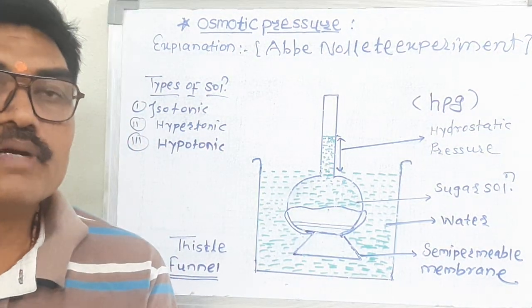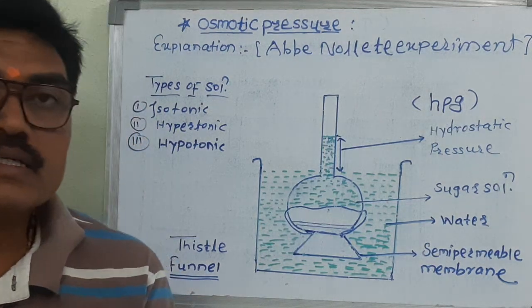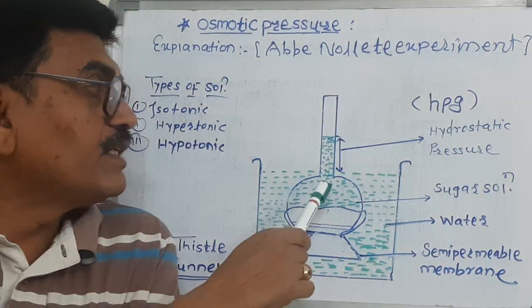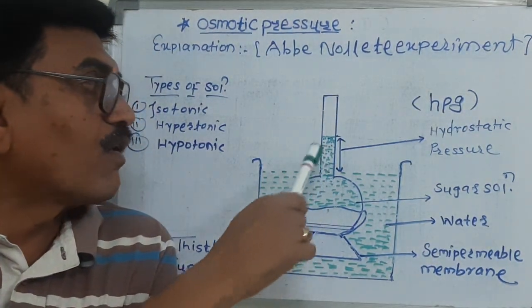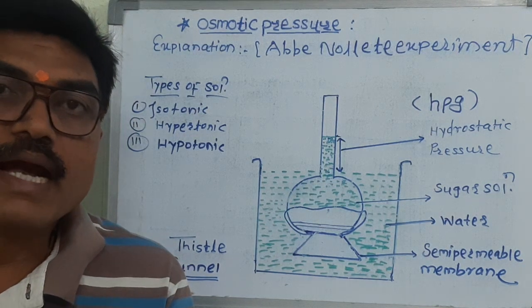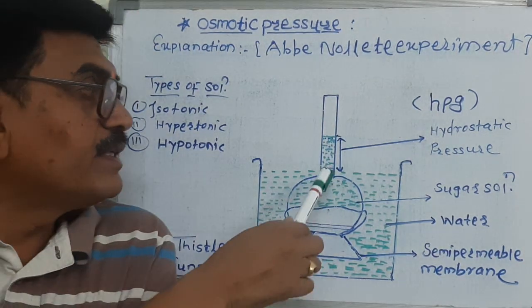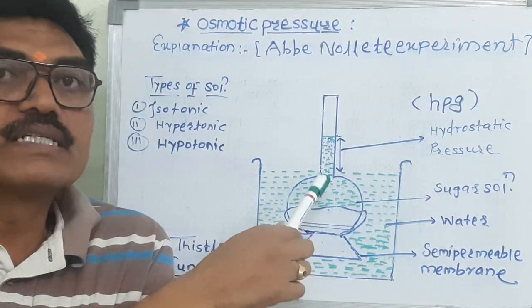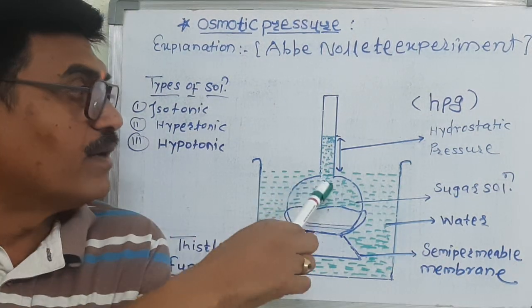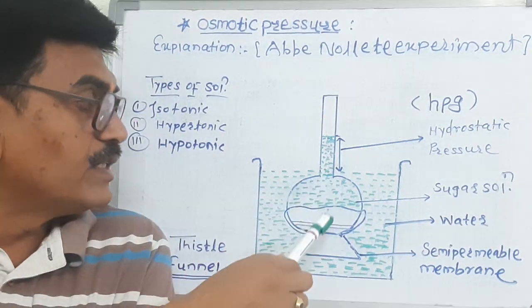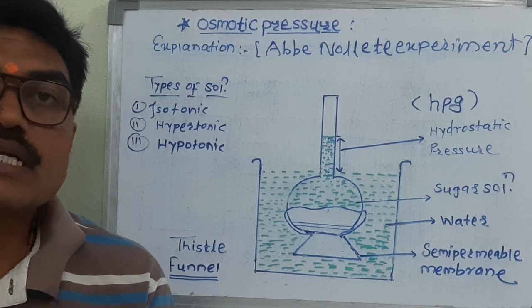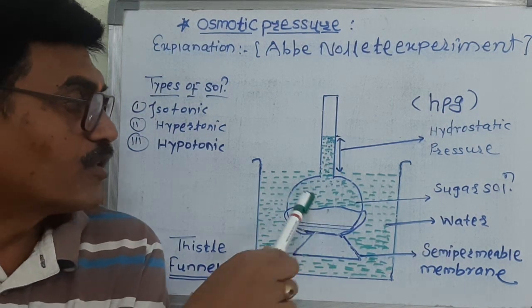when an equilibrium exists, at that time the level of the liquid in the column is constant, and whatever pressure is exerted by this liquid column over the solvent is responsible for stopping the process of osmosis.